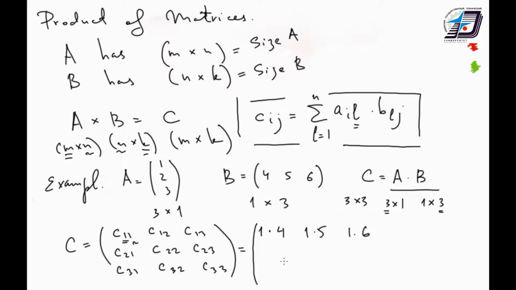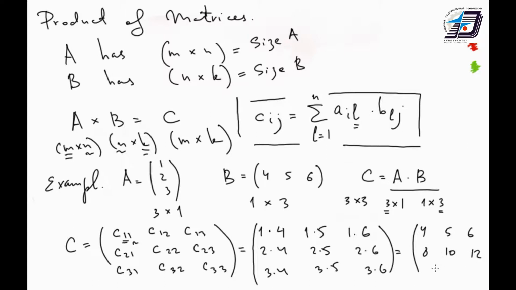C13: first row, third column, 1 times 6. Next one, second row, first column: 2 times 4, 2 times 5, 2 times 6. And the last one, 3 times 4, 3 times 5, 3 times 6. And the result of this multiplication is 4, 5, 6, 8, 10, 12, 12, 15, 18. This is the new matrix.